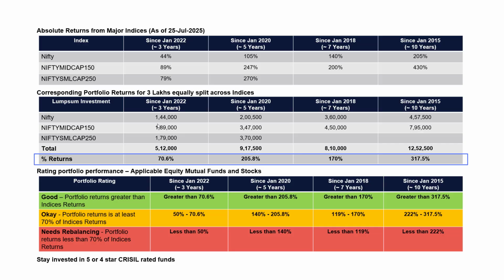The corresponding returns, if the investment is done equally across all three indices, are shown at the bottom of the table.